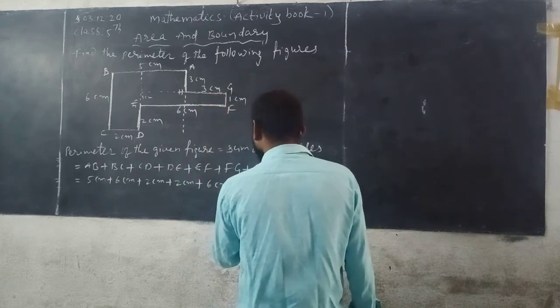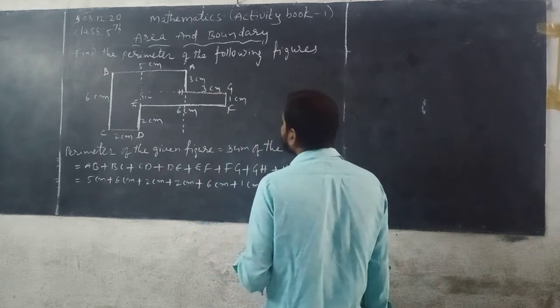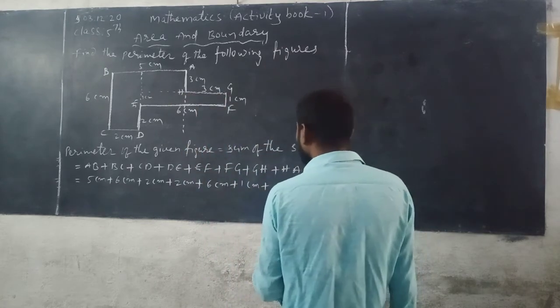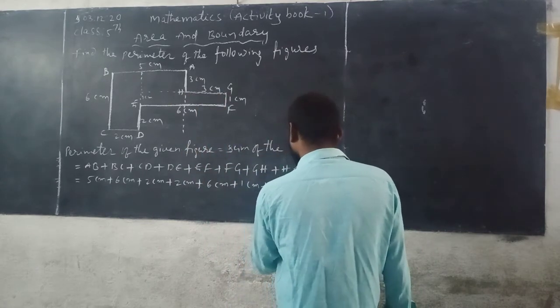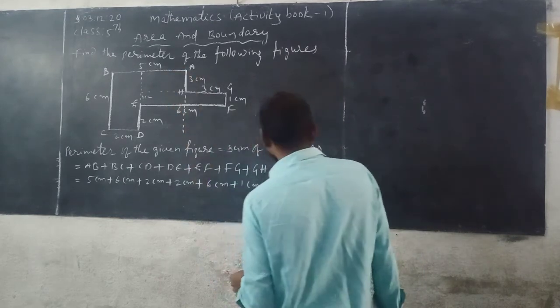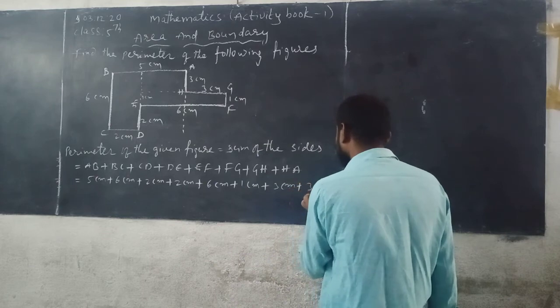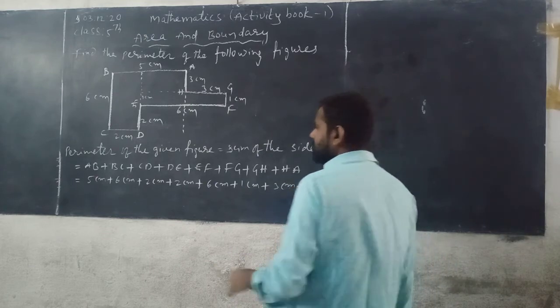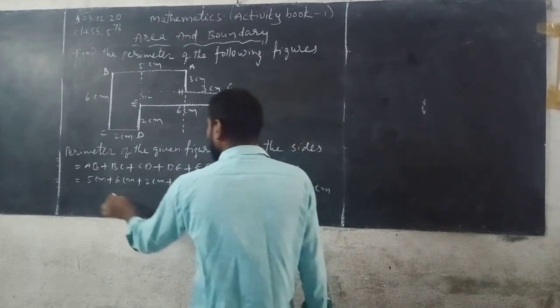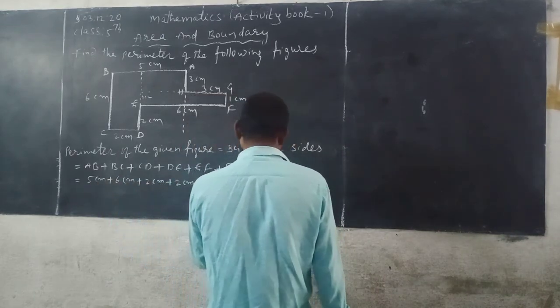FG is equal to 1 centimeter plus GH is equal to 3 centimeter plus HA is equal to 3 centimeter. So how many sides? One counts. 1, 2, 3, 4, 5, 6, 7, 8.